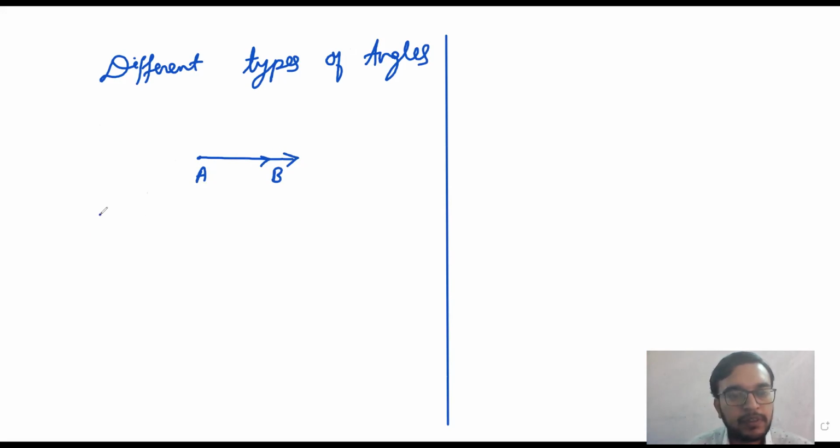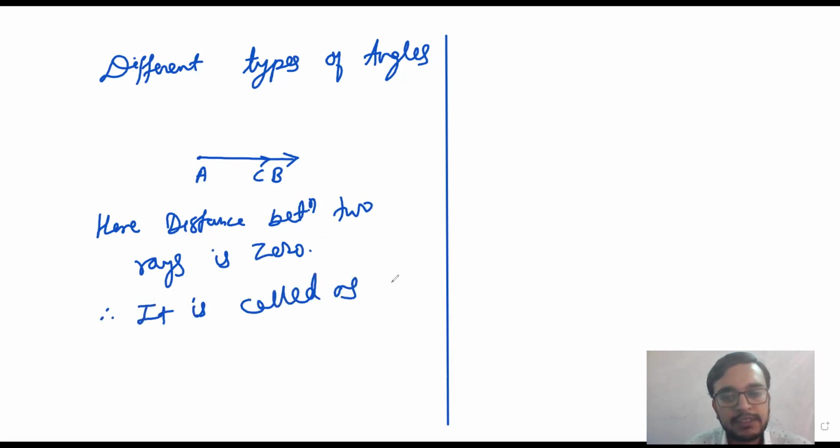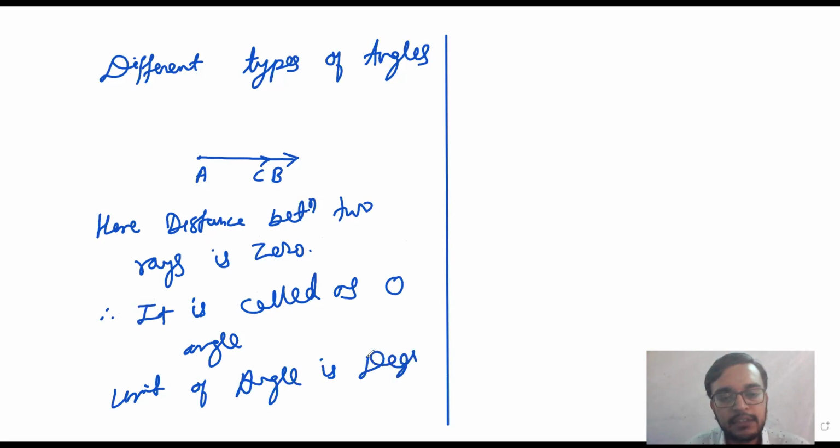Here the distance between two rays is 0, hence it is called a zero angle. And the unit of angle is degree, right?